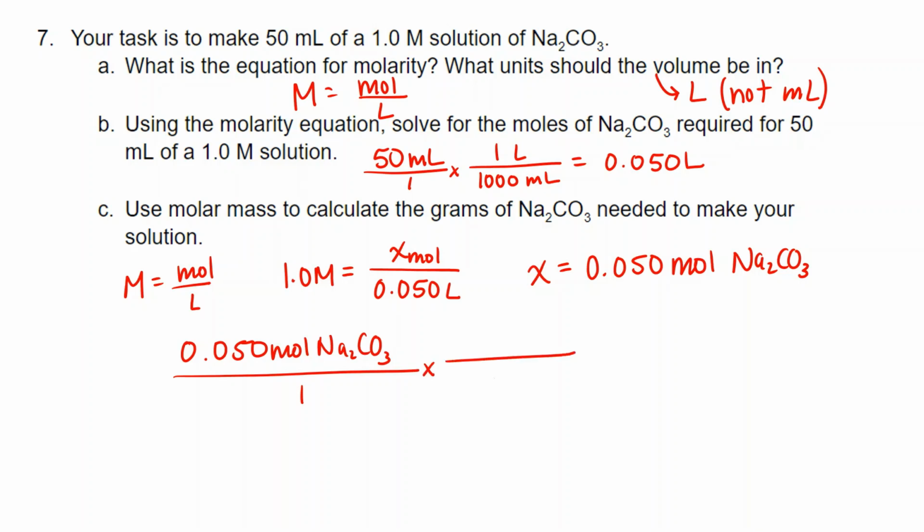This is just a molar mass conversion. 1 mole of sodium carbonate has a molar mass of 105.99 grams. So I'm going to go ahead and do this math here, and this gives me 5.3 grams of sodium carbonate.